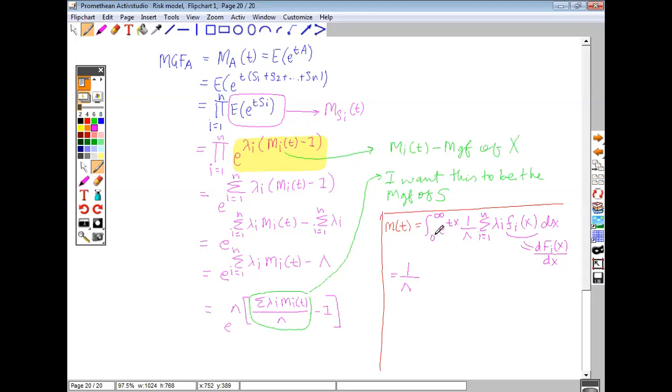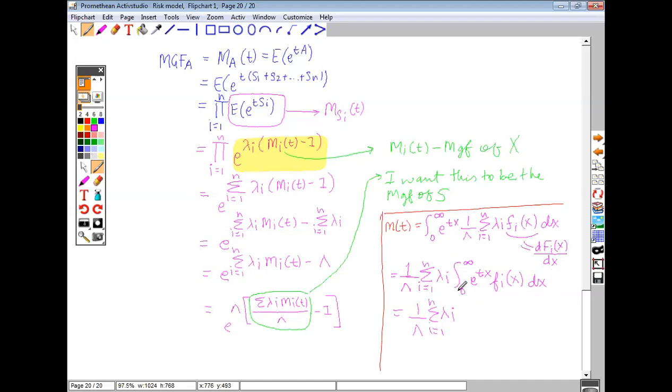But remember, I cannot take anything which depends on x outside. But this summation has to be applied, so I'm going to take this summation outside so that it still stays for all the i's. I'll just have this integration here, which will be e raised to tx times f_i of x dx. And now this will be 1 upon lambda, summation of lambda i's, where i goes from 1 to n.